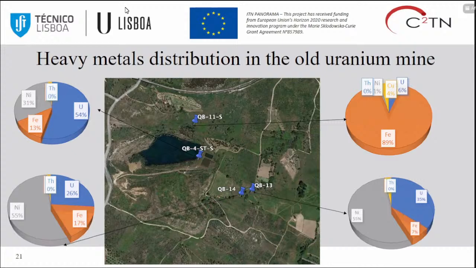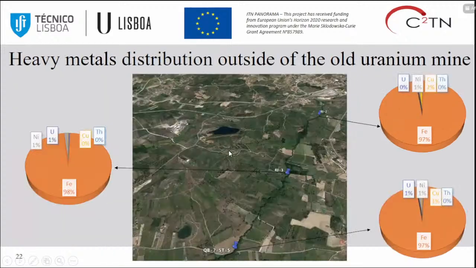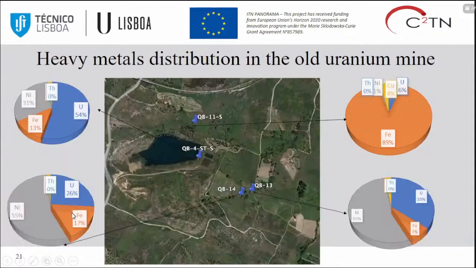You can see KB4, the sample from the open pit, has more uranium distribution than the others. The nickel concentration is high, from the motifs of the parent rock, which increases the amount, but the rest of the samples have lower uranium concentration.